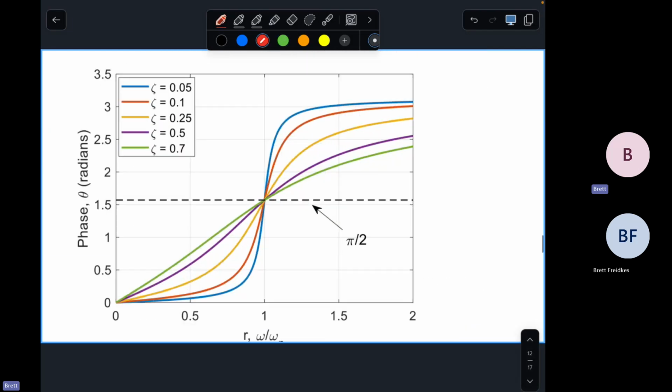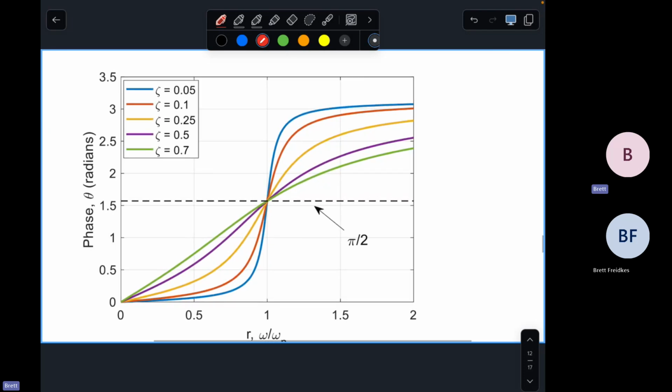So we can see that here. The undamped case would be what I'm drawing in red. 180 degrees is 3.14.